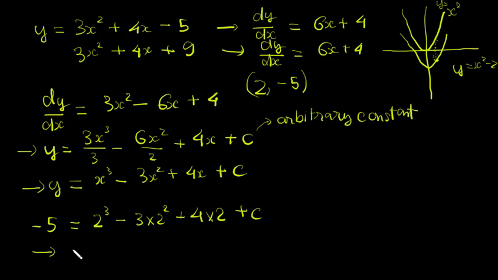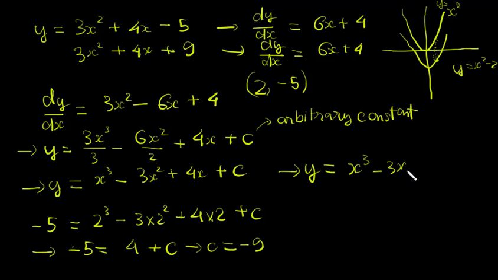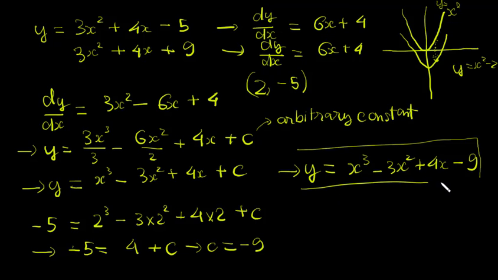So we have minus 5 equal to 4 plus c. So c equals minus 9. So the equation we want to find is y equal to x cubed minus 3x squared plus 4x minus 9. This is how we can solve a question related to integration.